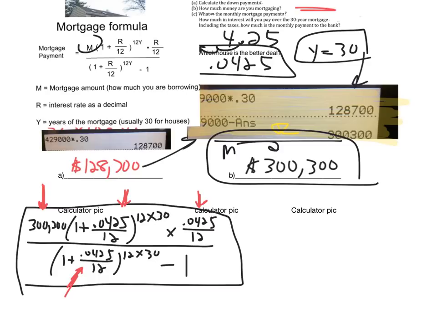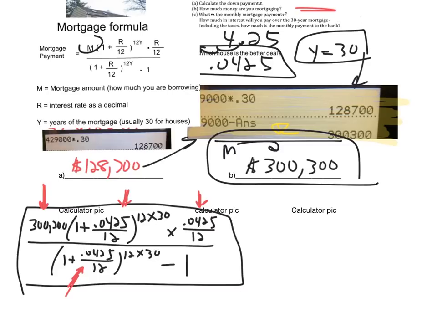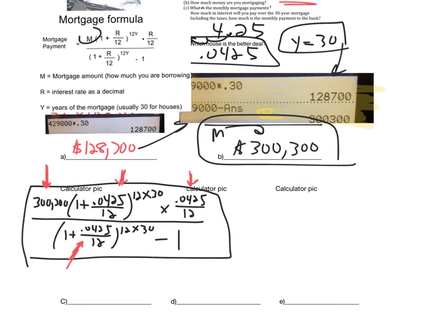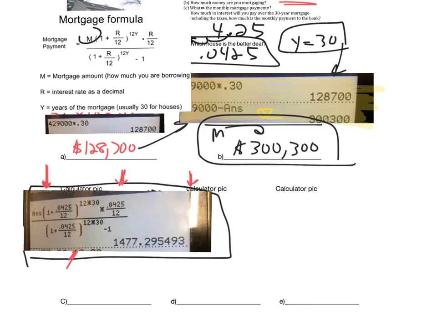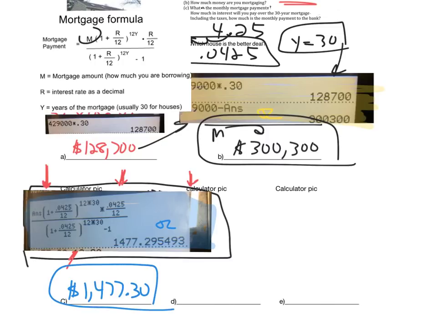But take a moment, enter that expression, and let's figure out how much this house's monthly payment is going to be, not including taxes. So here, this North Baldwin home is $1,477.30 a month.